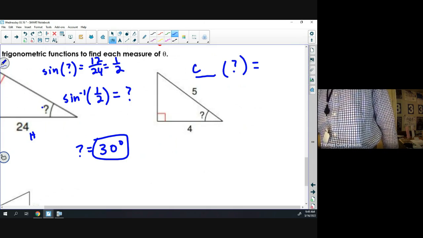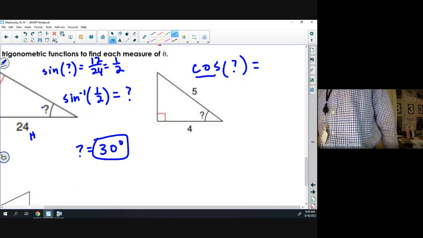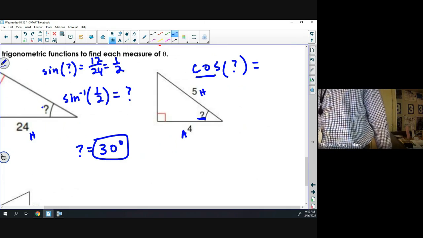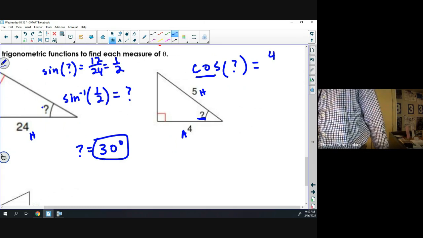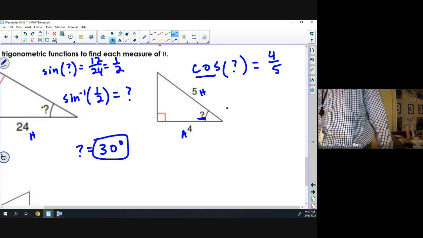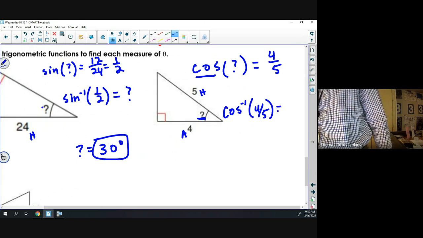Cosine, very good. The reason we know that is because they're asking me to find this given its adjacent side and the hypotenuse. So cosine equals 4 over 5. That helps me with what to type into my calculator: arc cosine of 4/5 or 0.8.